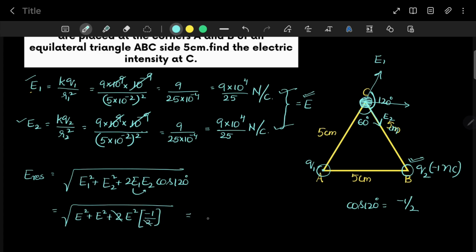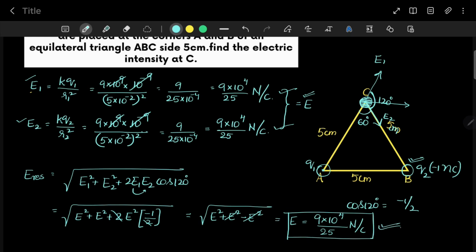So it will be equal to square root of E square plus E square minus E square. E square minus E square cancel. So it is equal to how much? E. What is the value of E? It is 9 into 10 power 4 divided by 25 Newton per Coulomb, and that is the answer.